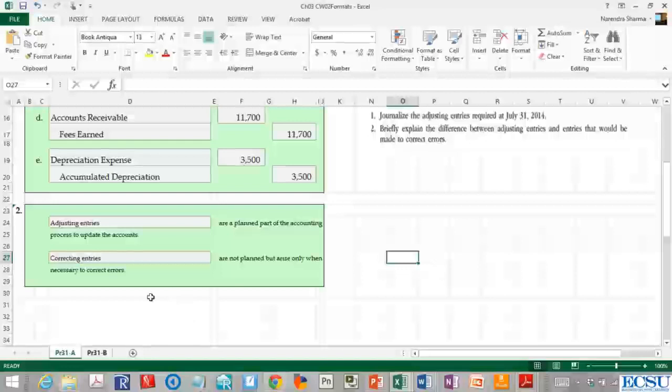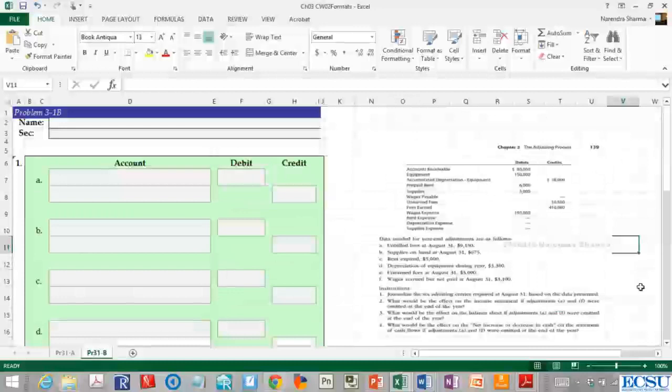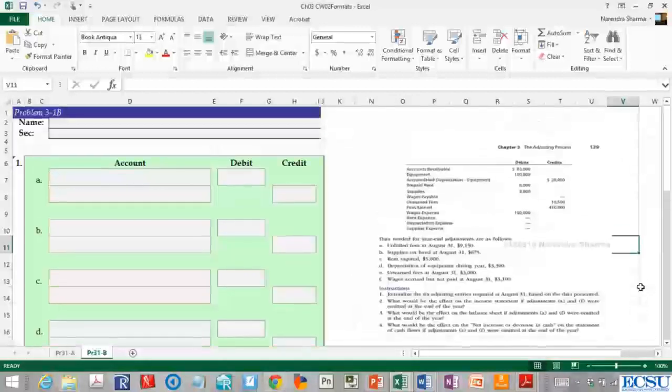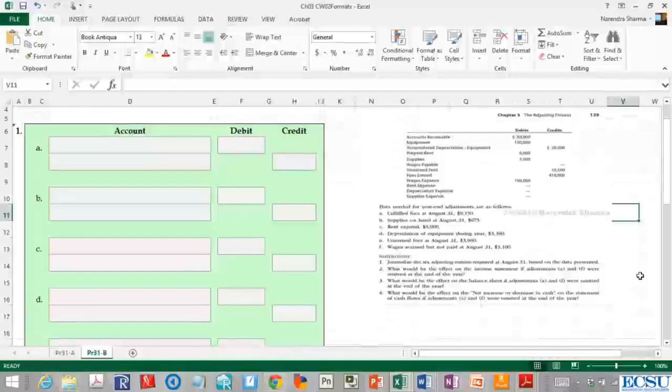That's going to be 3.1b. If you see here, there's a format, and the problem is right here. Now in 3.1b, what you are given is a kind of a trial balance with figures, and then data needed for year-end adjustments are as follows.